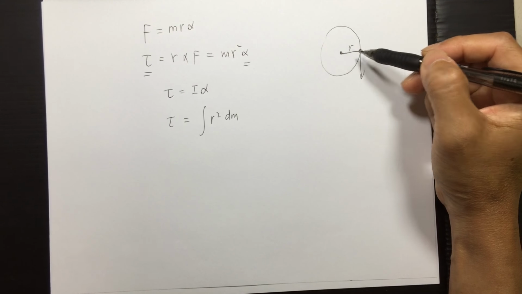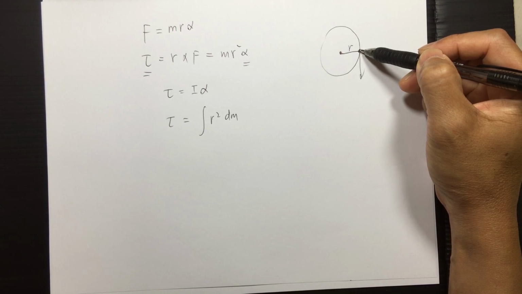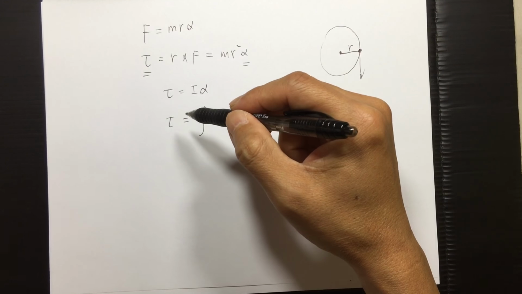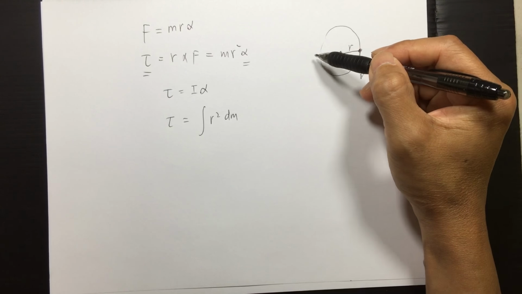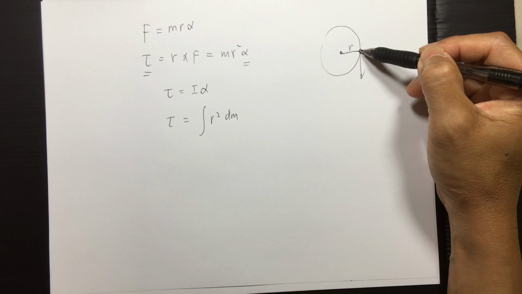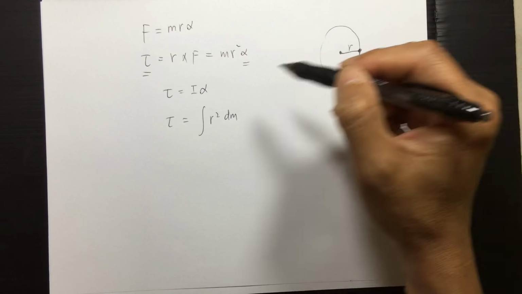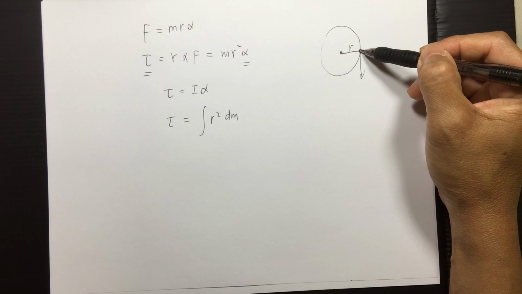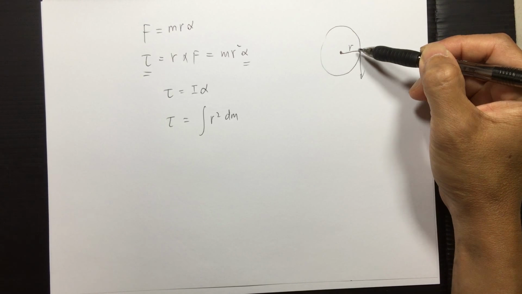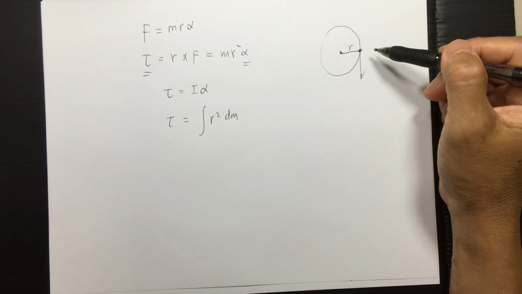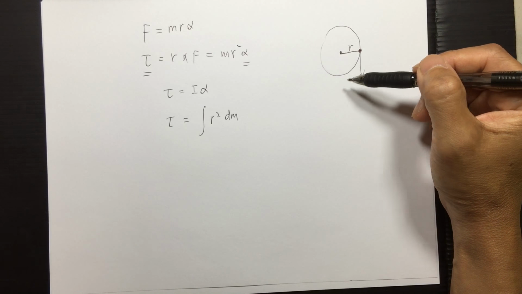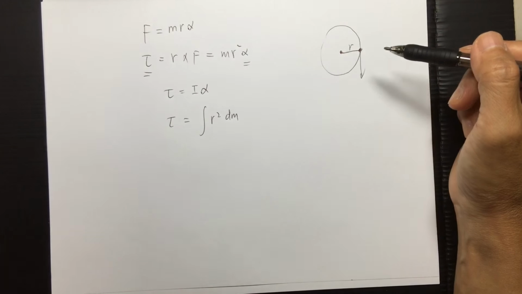Obviously, this thing has a different rotational inertia with reference to this point, and with reference to this point. With reference to this point, r is 0, so the torque is 0. There's no torque on it if the force is applied directly onto the object. It has to have some kind of arm, some kind of r, for this thing to rotate. That's when you need a torque.